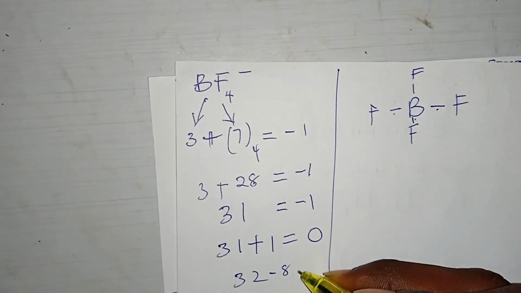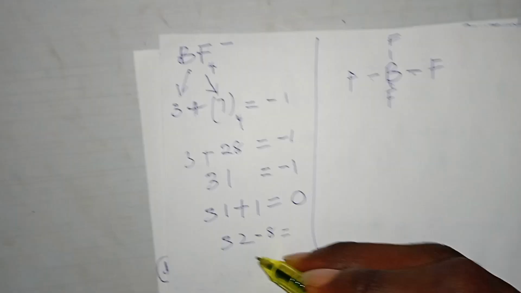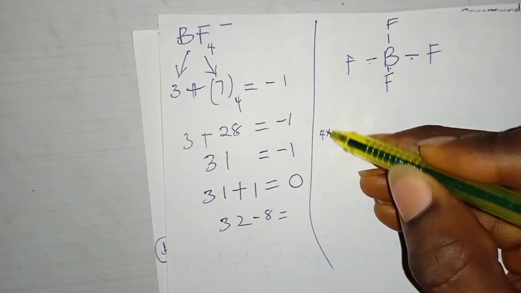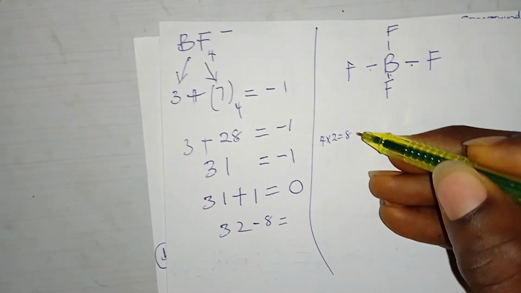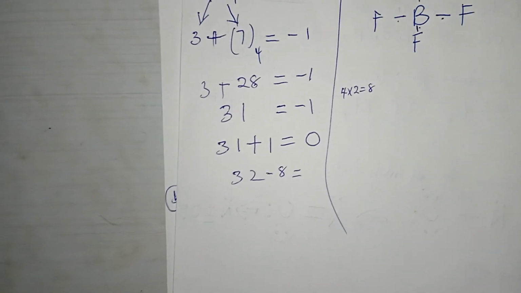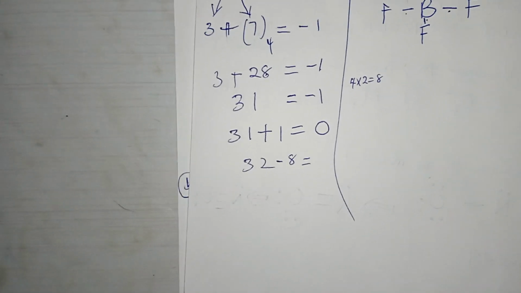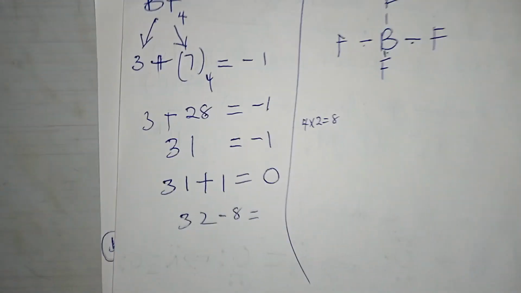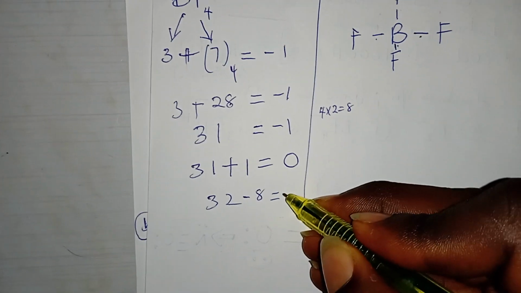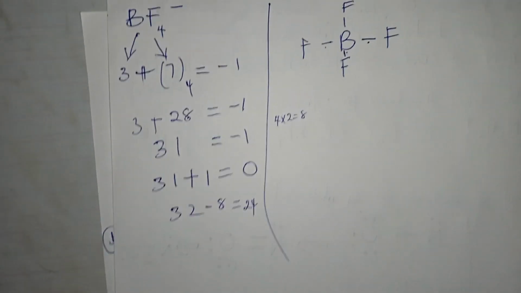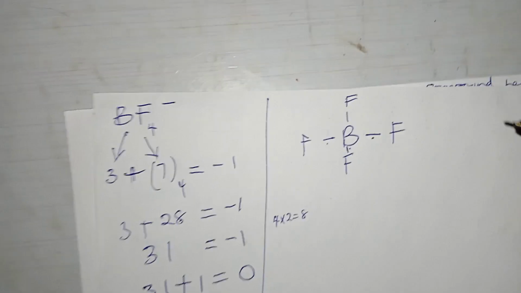So 32 minus 8 gives 24. If I have 24 electrons remaining, let's share it.